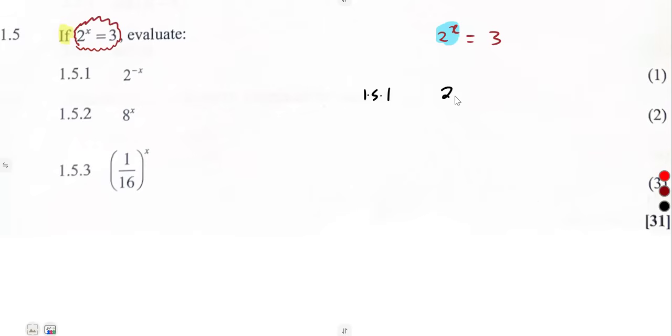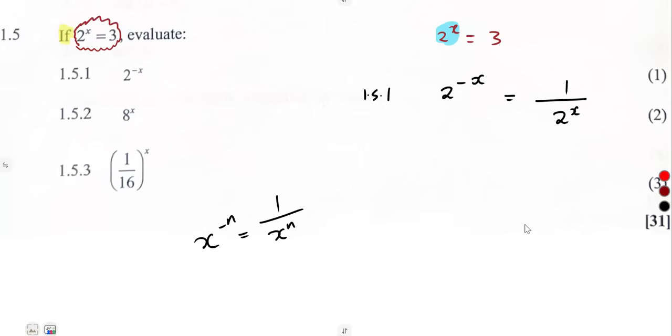1.51, 2 to the exponent of minus x. Guys, this is not 2 to the exponent of x. This is positive here. So we must get rid of the negative. Remember, x to the exponent of minus n is 1 over x to the exponent of n. So this is the same as 1 over what? 2 to the exponent of x.